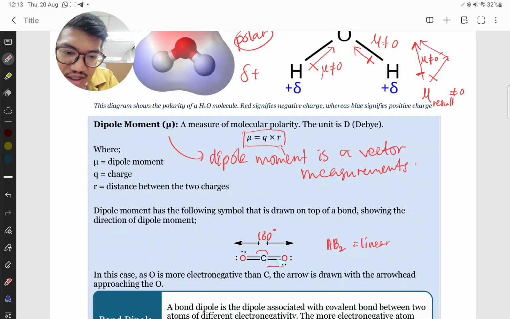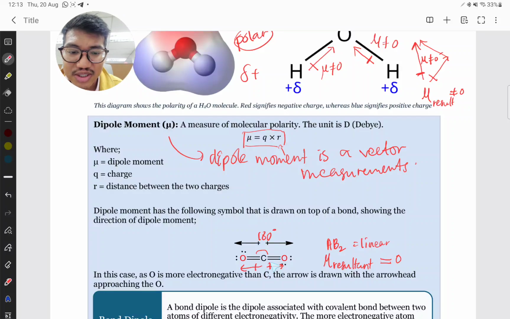Oxygen is more electronegative, and because of that we have it like that. But if we look at the arrows, they are moving in exactly opposite directions at 180 degrees. That means the resultant dipole, mu resultant, is equal to 0, even though its bonds are polar bonds.